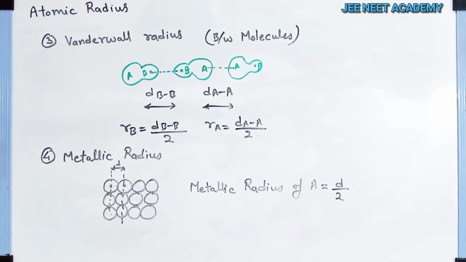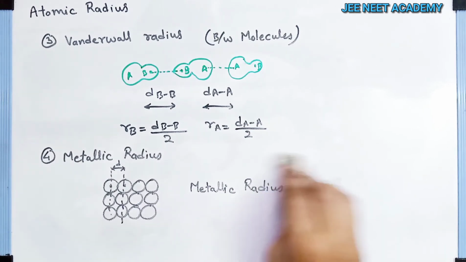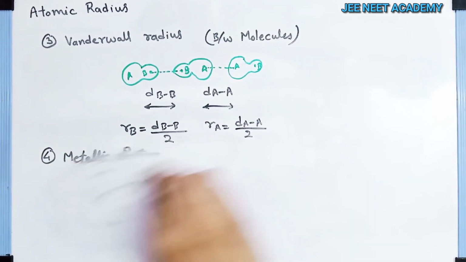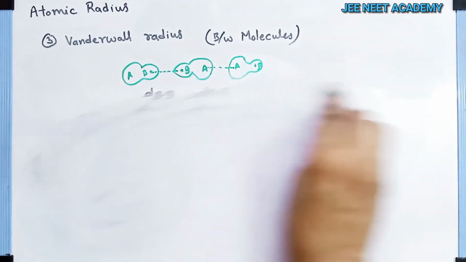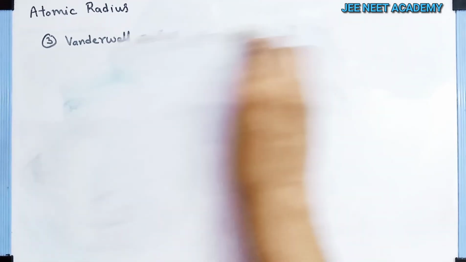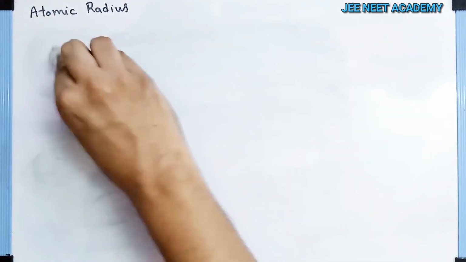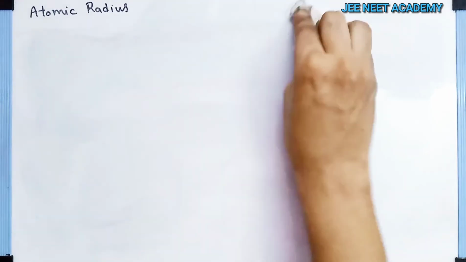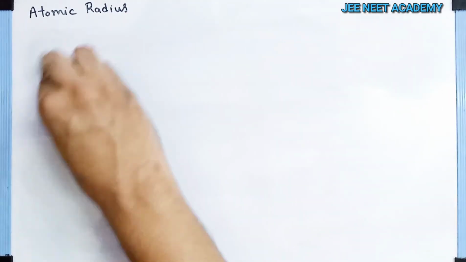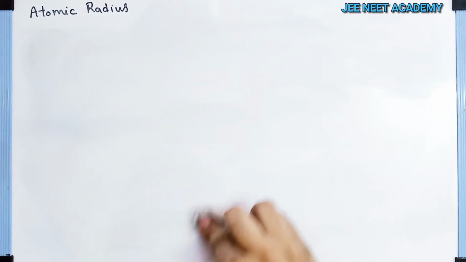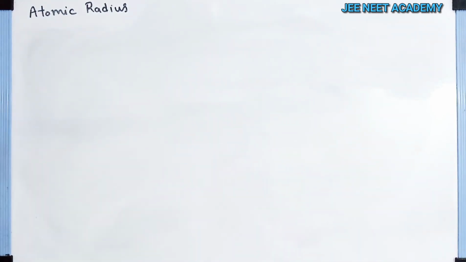Now we'll see the atomic radius trend in the periodic table.